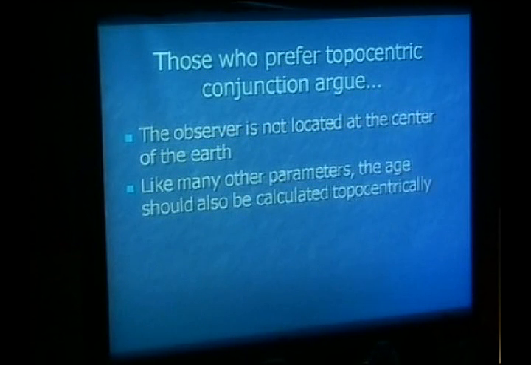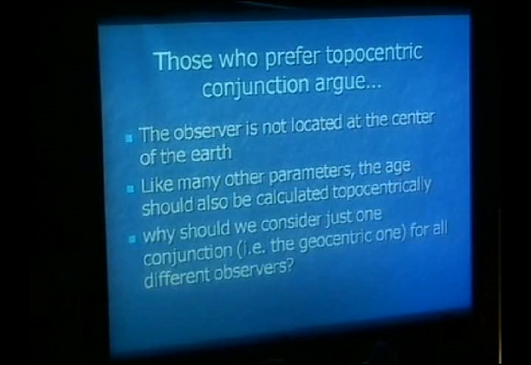Why do you calculate other parameters topocentrically and just single out the age? The third, they say, why should we consider just one conjunction, the geocentric one, for all different observers? We have many observers around the world, maybe sighting a near crescent around the same time. And why should we calculate the age geocentrically for all of them?